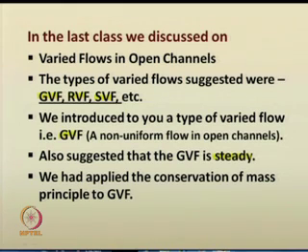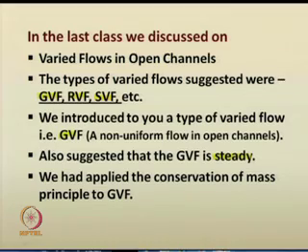Even though the flow is non-uniform, that non-uniformity is maintained throughout the time. We also applied the conservation of mass principle to gradually varied flow, and you have seen how the continuity equation will look in the gradually varied flow.